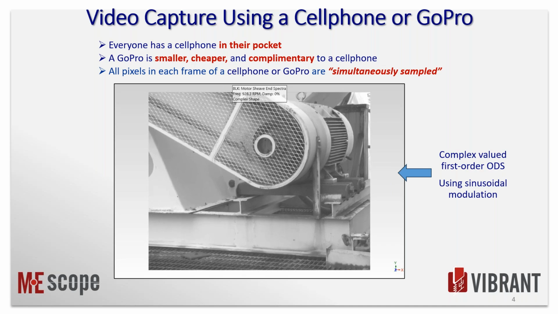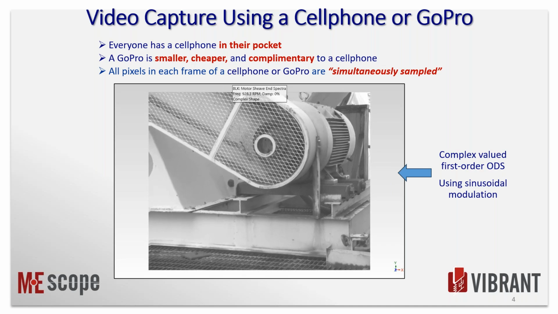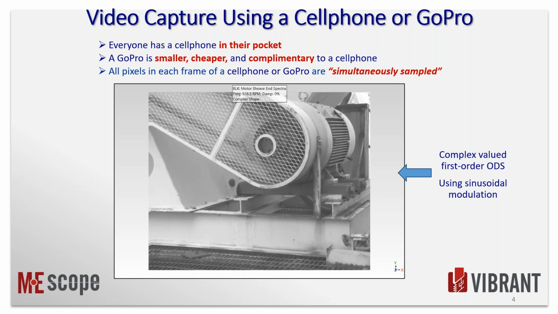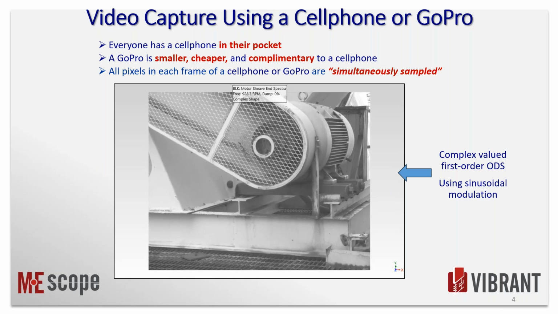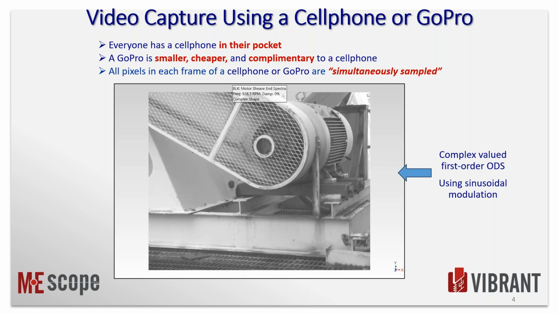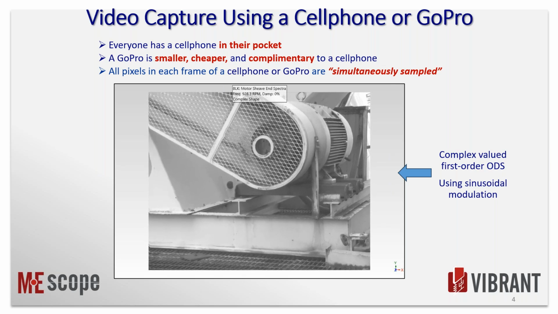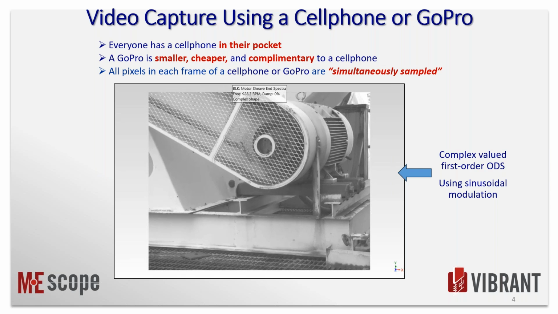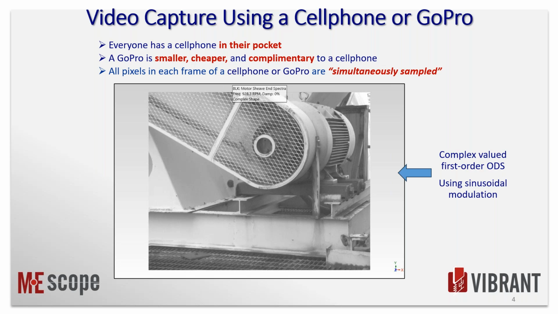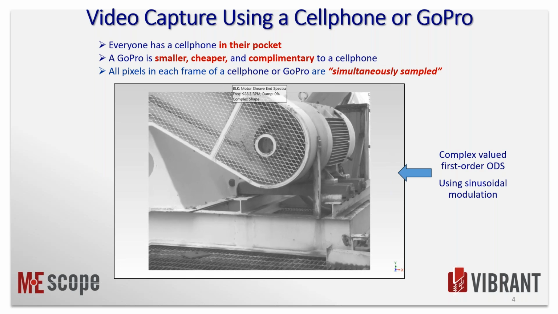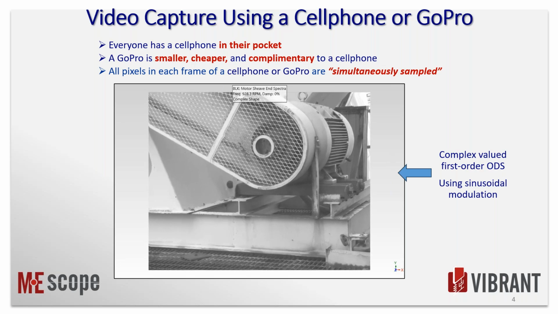So it's the same thing that we're doing here with videos, and we're extracting vibration, and we call them complex valued. The ODS, again, the operating deflection shape, has magnitude and phase. So various parts on the structure can have different magnitudes and phases relative to one another.